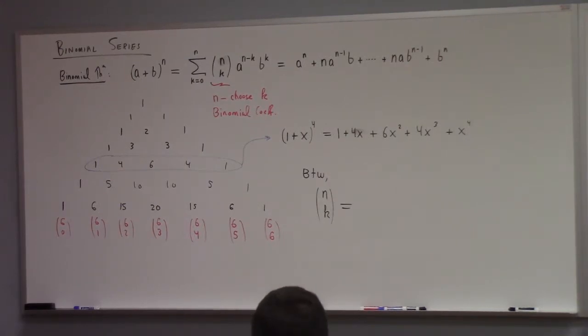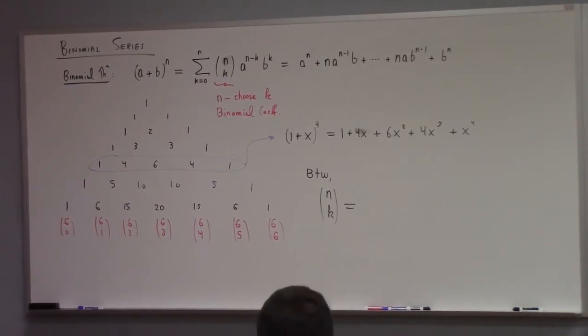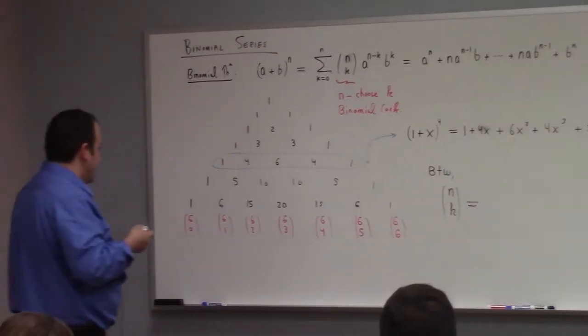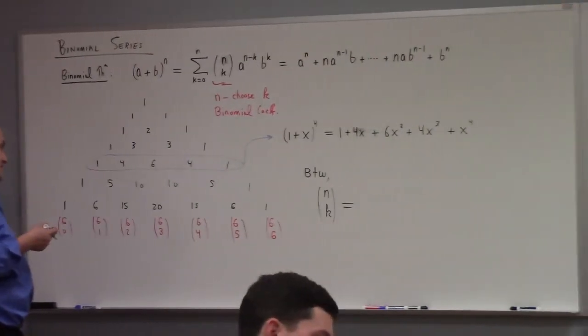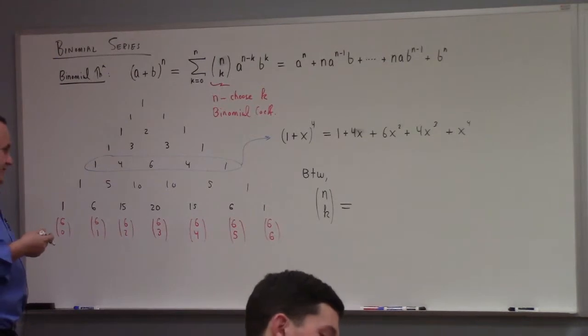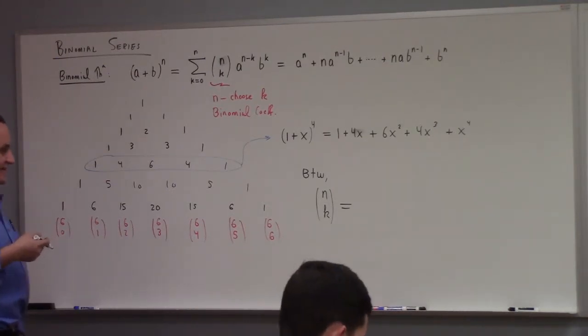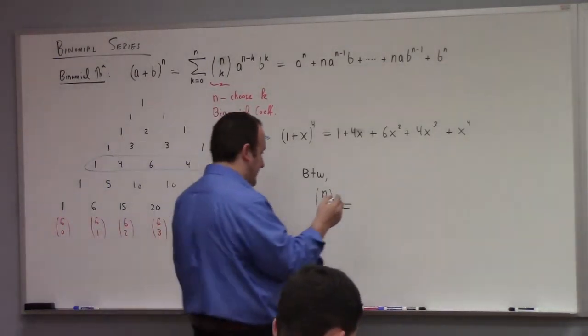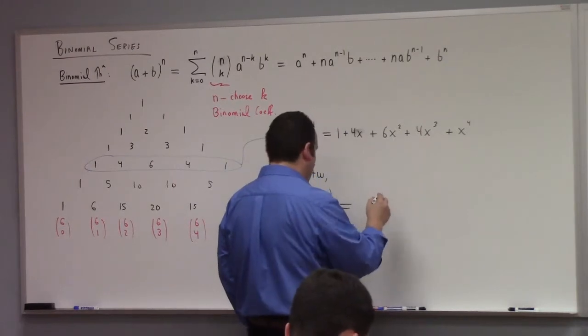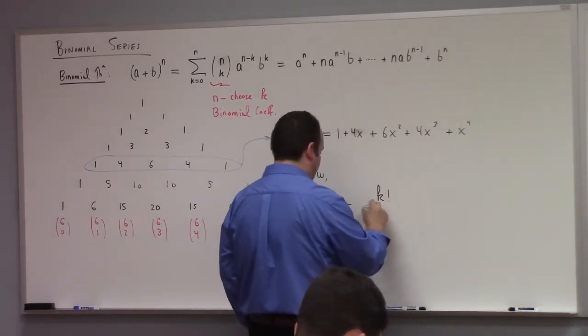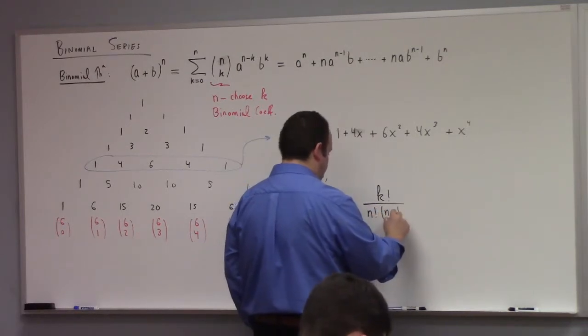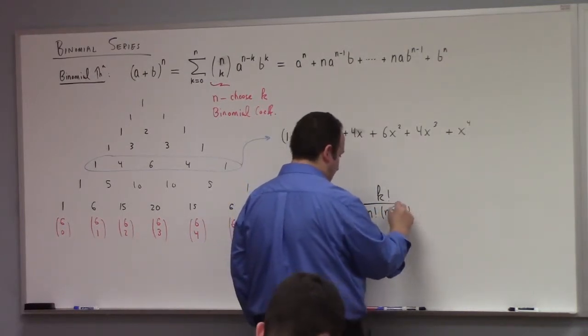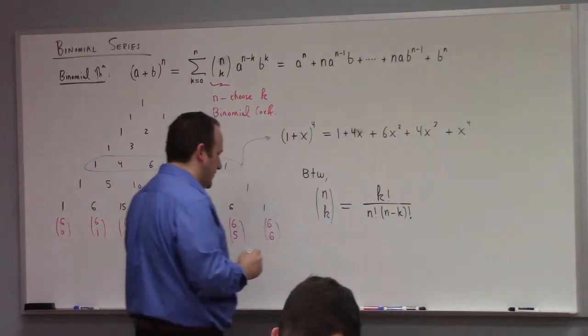That's no fun, because I don't remember it. All right, now we'll play the guessing game. I'm guessing k factorial over n factorial times n minus k factorial. That's my opening guess. Does it work?